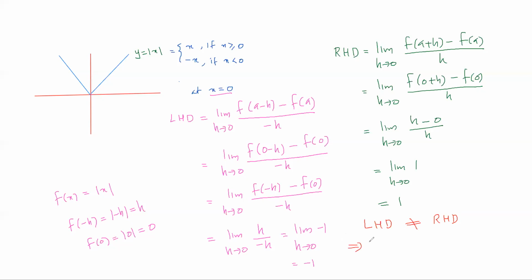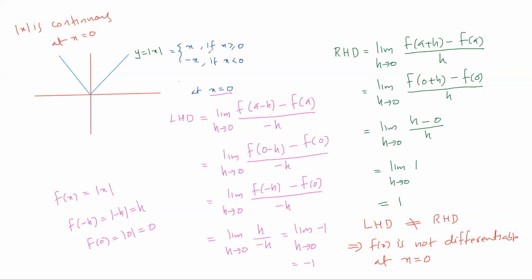That implies f of x is not differentiable at x is equal to 0. But mod x is continuous at x is equal to 0 because there is no break in the graph. You can also prove continuity by finding the left hand limit and right hand limit, but the simple way is to say there is no break in the graph, so it is continuous.